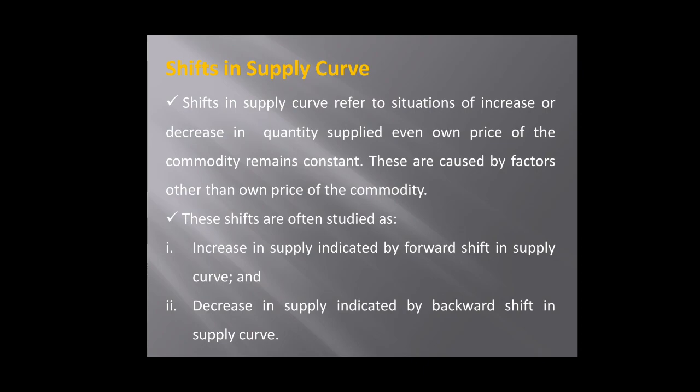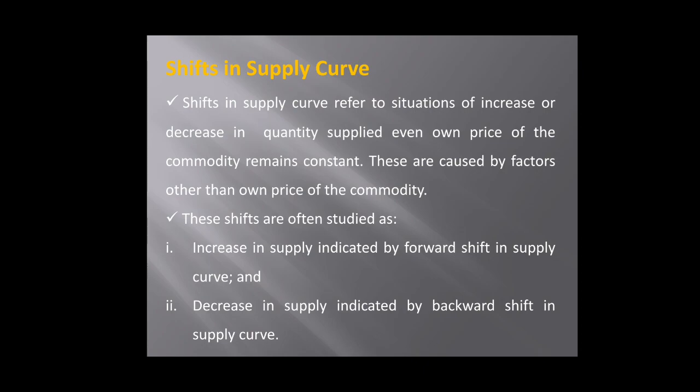That is, supply curve in this case shifts either rightwards or leftwards. Thus, shifts in supply curve is caused due to change in non-price factors, that is due to factors other than the own price of the commodity.